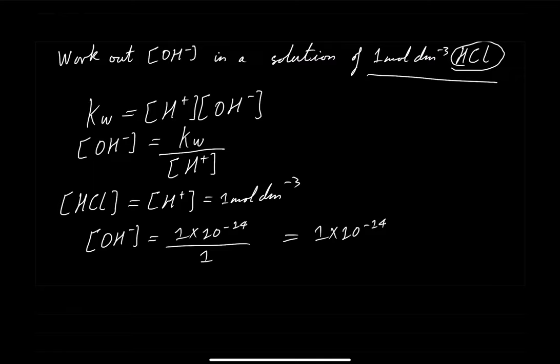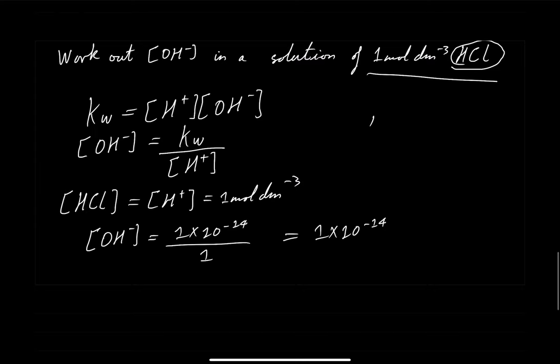And the units would be moles per dm cubed, because this is moles squared dm to the power of minus 6, or you could refer to it as moles per dm cubed squared. Sorry, I'll run out of space there.